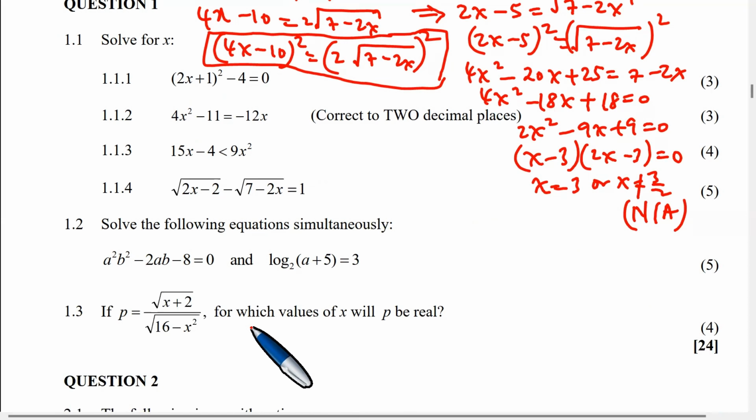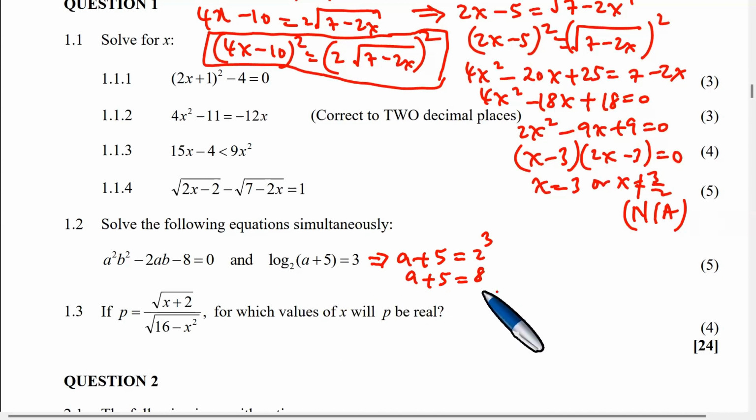First things first, there are many ways you can solve this, but one way to look at this is to realize that this log equation can be written as a plus 5 equal to 2 to the power 3. A plus 5 is now exponentiated, becomes 2 to the power 3.